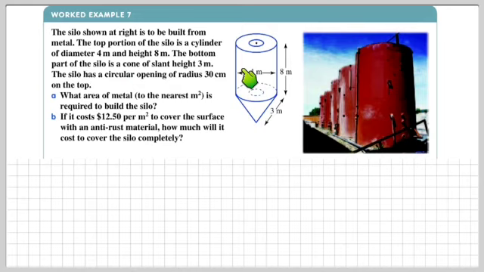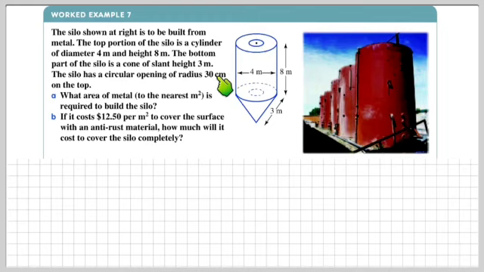So let's just step that out, 4 metres there, 8 metres there, yeah? Good. The bottom part of the silo is a cone, okay, composite solid, of slant height 3 metres. The silo has a circular opening of radius 30 centimetres on the top. Okay, that must be there.